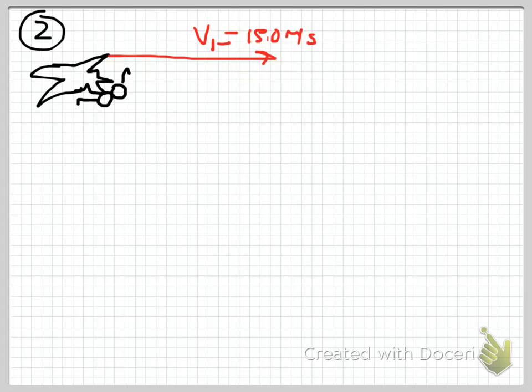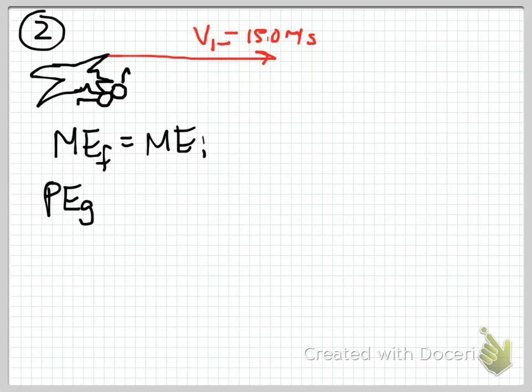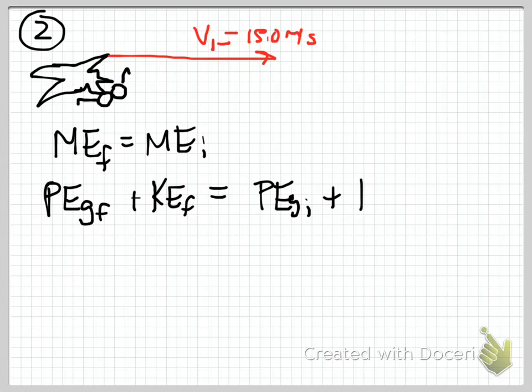So if we look at this strictly as an initial and final mechanical energy problem, the final mechanical energy is the final gravitational plus the final kinetic, and that should be, assuming no loss to friction or anything else, the initial gravitational and the initial kinetic.